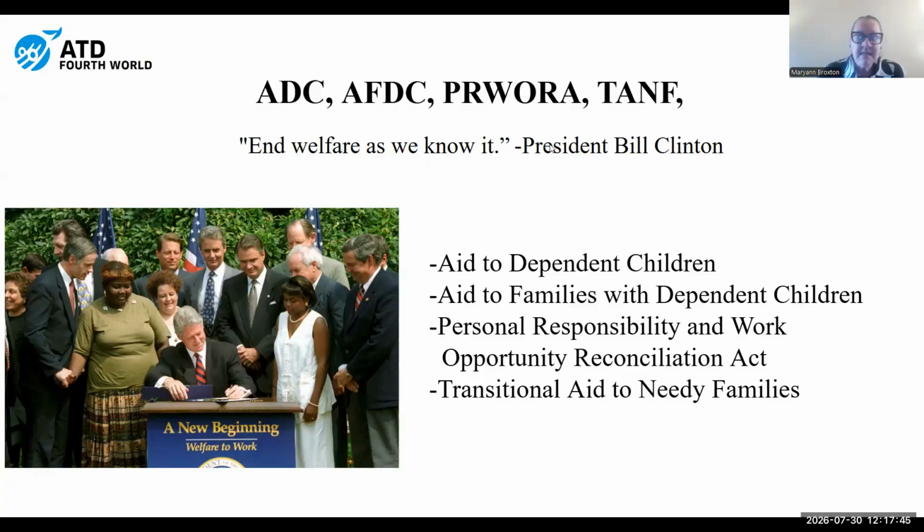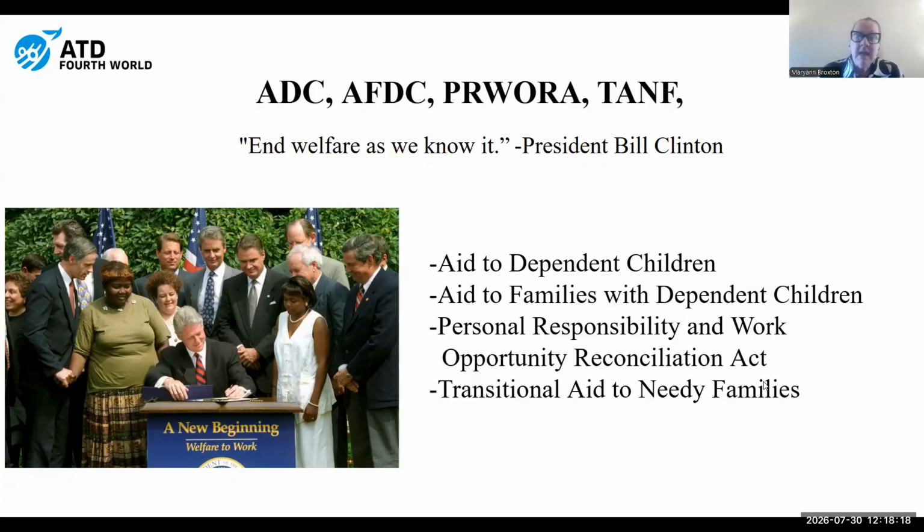In 1996, he signed PRWORA, the Personal Responsibility and Work Opportunity Reconciliation Act, into law, turning AFDC into TANF, Temporary Assistance for Needy Families. TANF funding was issued to states as block grants that included incentives for states to lower the number of people receiving assistance, meaning whatever money a state didn't spend distributing as TANF subsidies to people, they got to keep and use elsewhere.